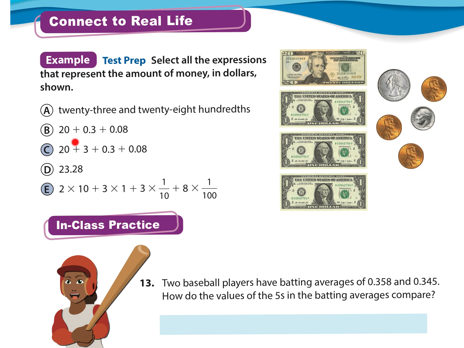What's different about B than C? Yeah, it left out the $3. Okay, I don't want that one. I want the one that gives me the $3 also. I don't want the one that's just the 20 and the change. Give me all of it. Okay, it's all there. I want all of that.